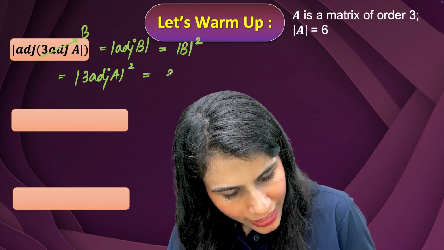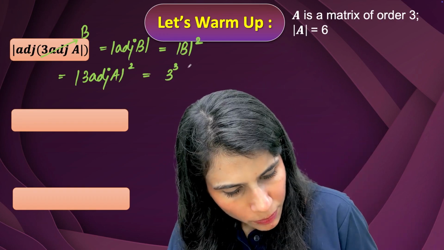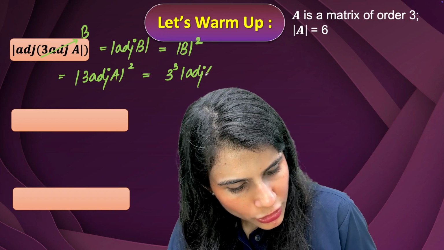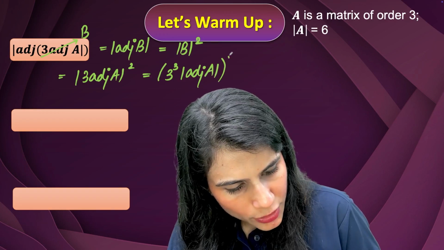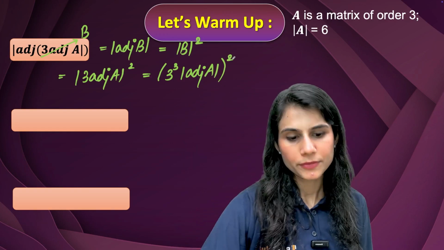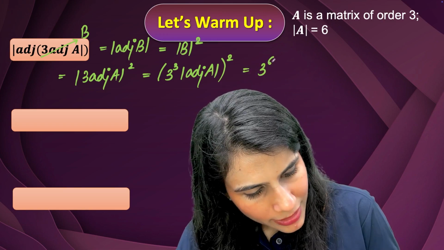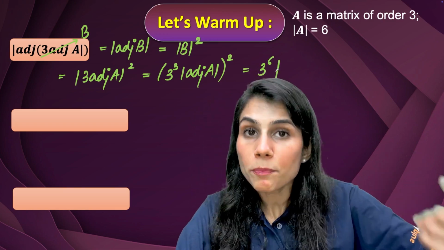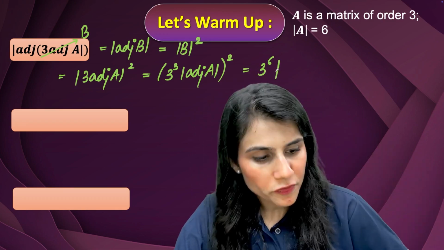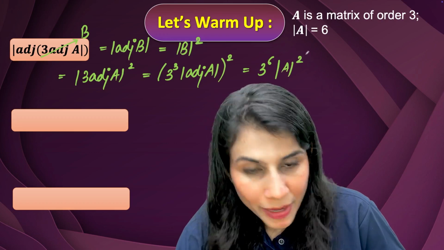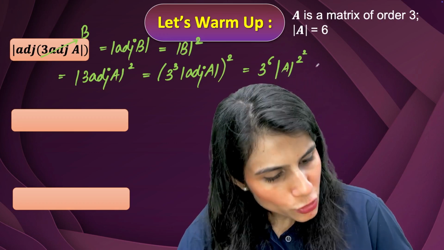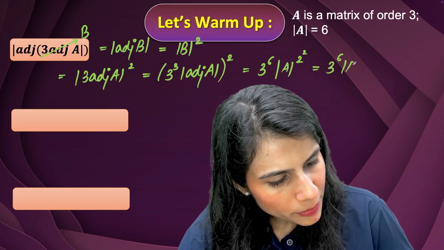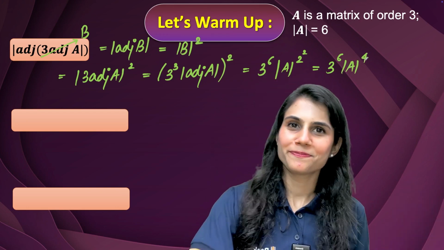So 3 will come out of the determinant with power 3. You will have determinant of adjoint of A, all of this to the power 2. So this will give you 3 to the power 6 and determinant of adjoint of A to the power 2. But determinant of adjoint of A is determinant of A to the power n minus 1, to the power 2. So you are going to get 3 to the power 6 determinant of A to the power 4.